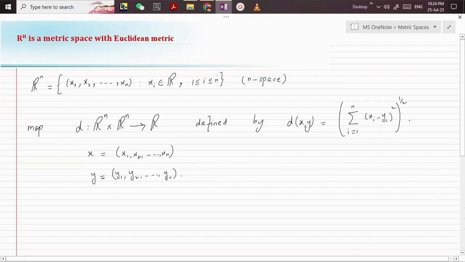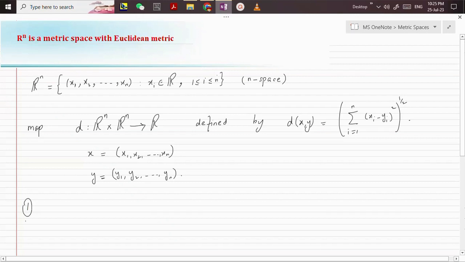So x and y are such elements. Now we shall verify the four properties of a metric. First of all, the property of non-negativity, whether d is non-negative or not.